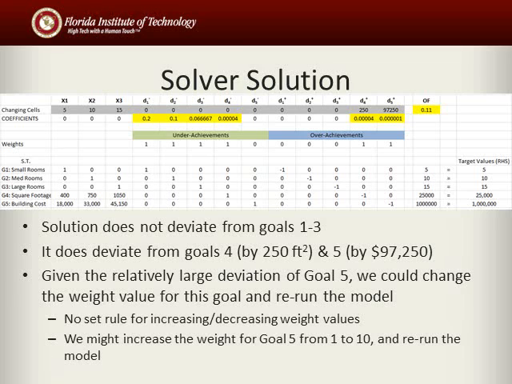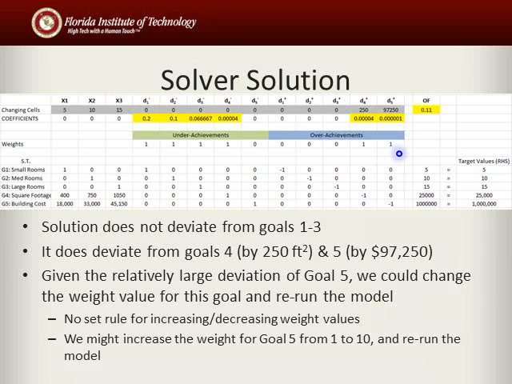So what you can do is increase the weight for that goal, and the weight is specified here. There's not a specific rule as to how much to increase, but you can say that you're going to increase your goals by a magnitude of 10, for example. If you set this goal here to 10, you can rerun your model and see what the solution is.